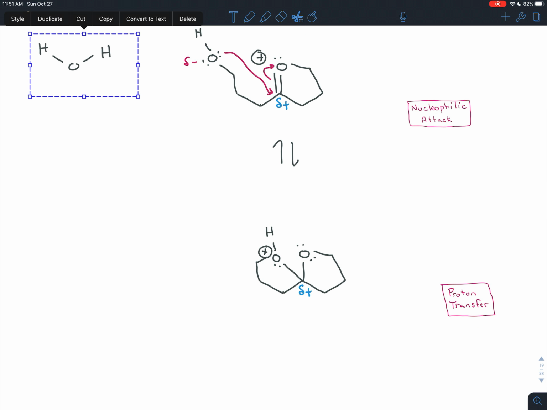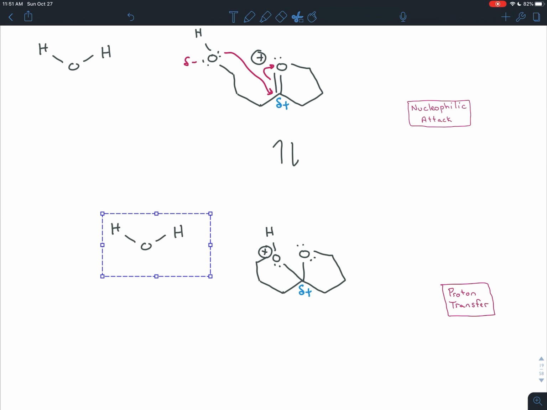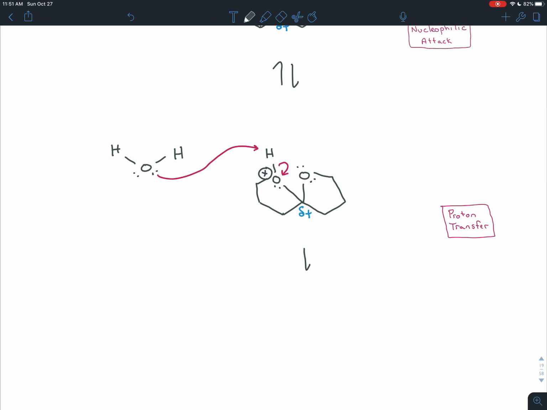So we can use the water that we formed earlier as a base. The slightly negative oxygen can steal the slightly positive hydrogen. The electrons snap back onto the positive oxygen to help stabilize that charge.